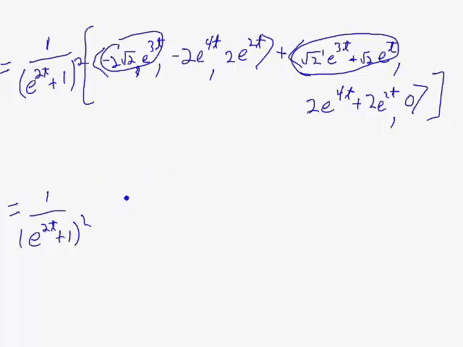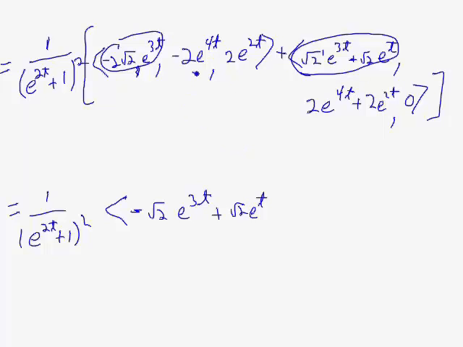And then my vector will be, well, this guy plus this first guy here will be negative radical 2 e to the 3t. And we'll still have the square root of 2, so plus the square root of 2 e to the t. And so that's what you get when you add the first components of these vectors together.